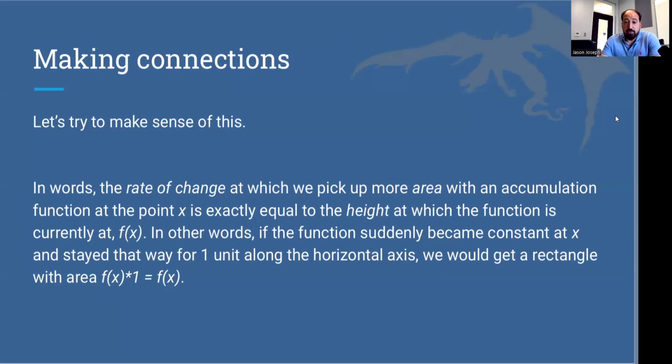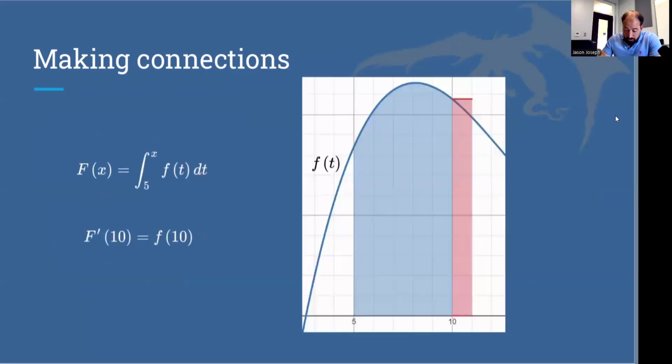So if the function suddenly became constant at that x, and were to stay that way for an increase of 1 along the x-axis, we would add a little rectangle of area f of x times 1, which is just f of x. So that's the rate of change.